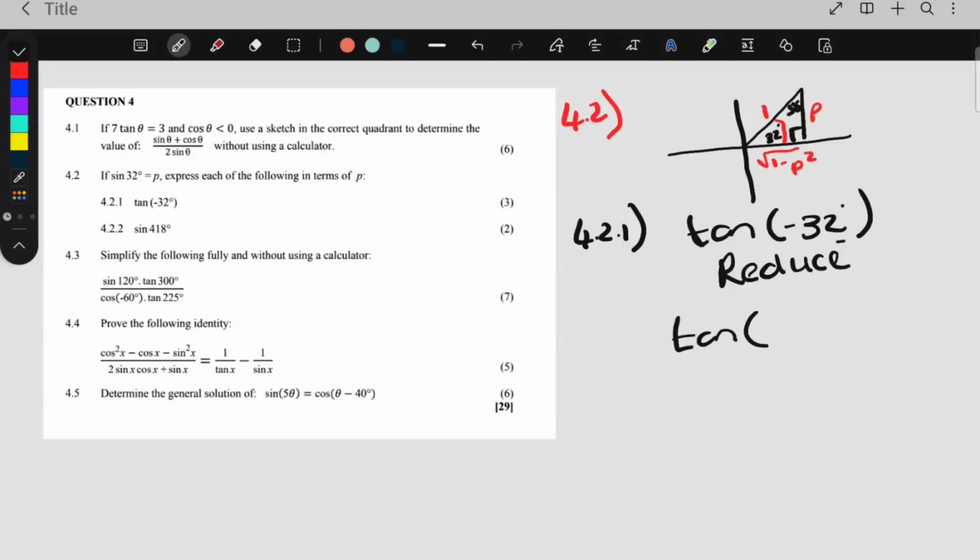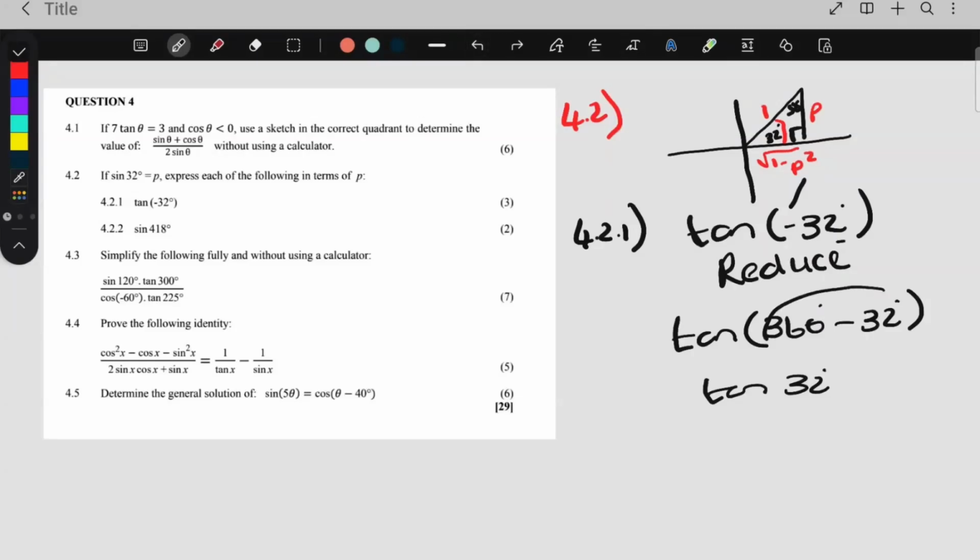To reduce a negative angle, you can always just put 360 in front. So put the 360 here and say minus 32. So you just put the 360 in front of this angle. Then you say, oh, but then this is tan of 32. It's this and this. But now, here in front must be a plus or there must be a minus. So I have to figure that out.